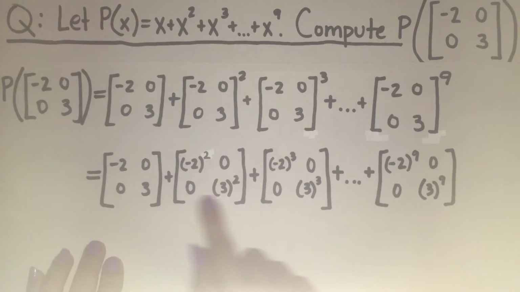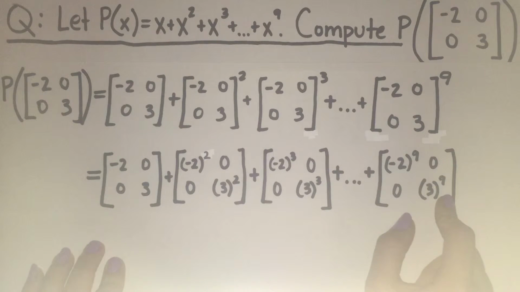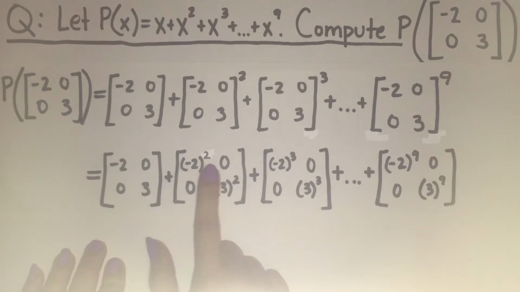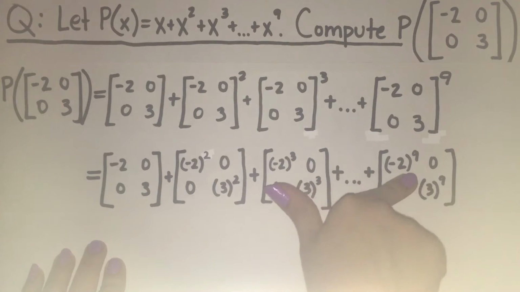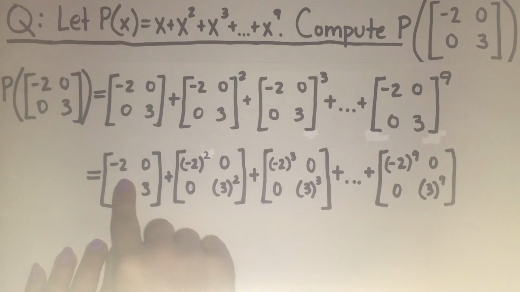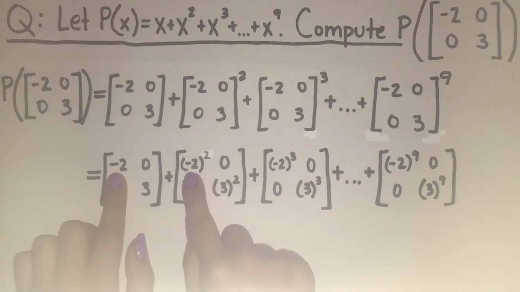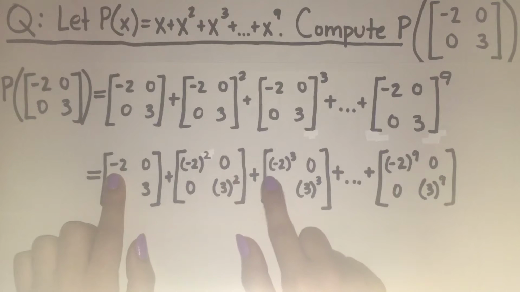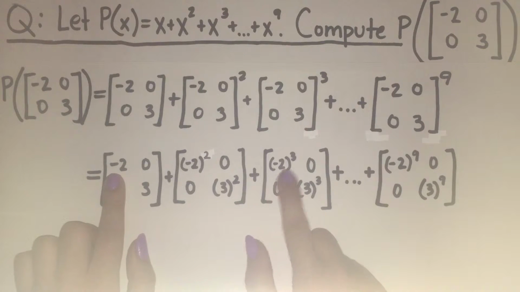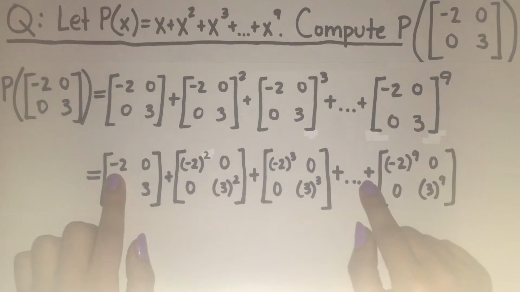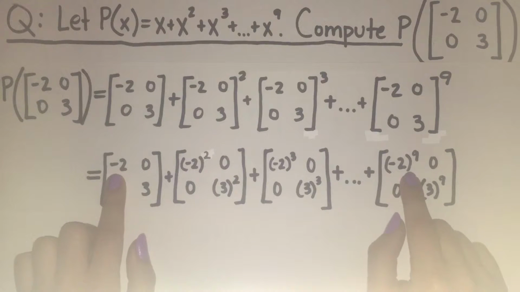Now, when you add a matrix or several matrices, you will be adding the entries that are in the same position into the new matrix. Therefore, the first entry of the new matrix will include -2 plus -2 to the second power plus -2 to the third power plus ... plus -2 to the ninth power.